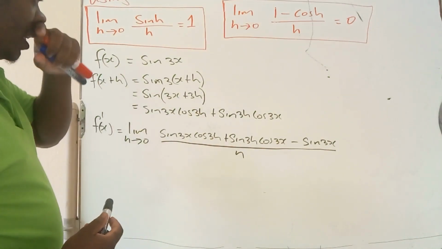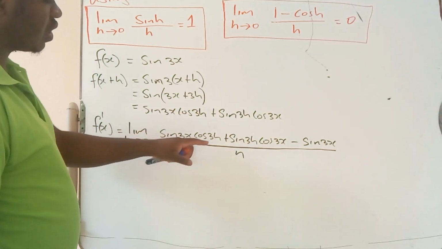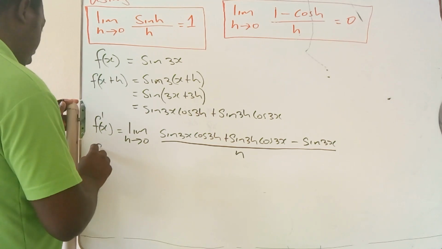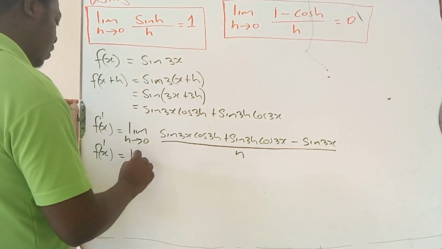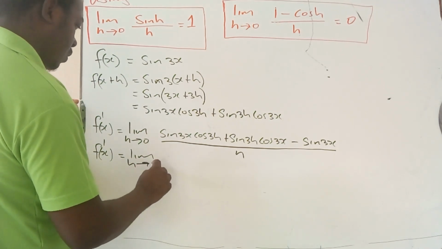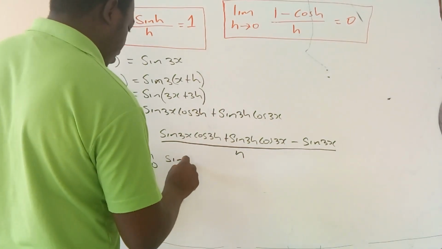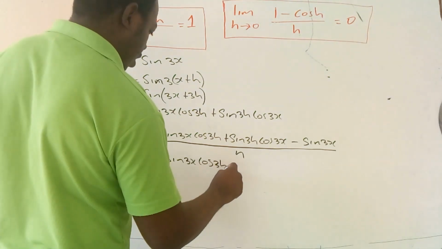I'm going to rearrange this to group the terms with sine 3x close by each other. So if I rewrite this, I will keep f prime of x equal to the limit as h approaches 0. Write back the first term here, which is sine 3x cos 3h.